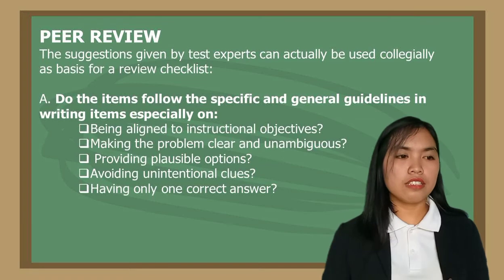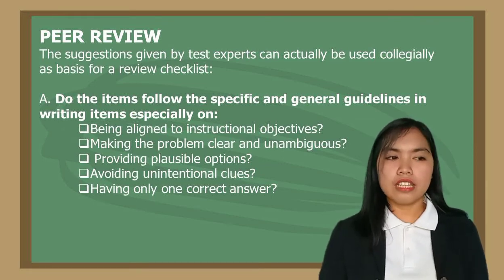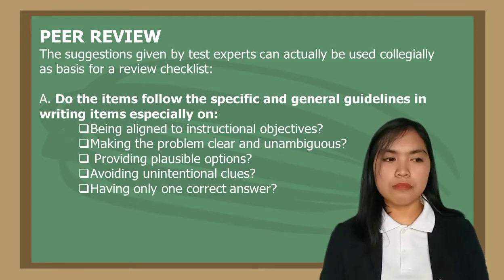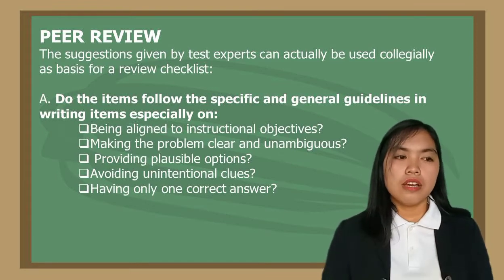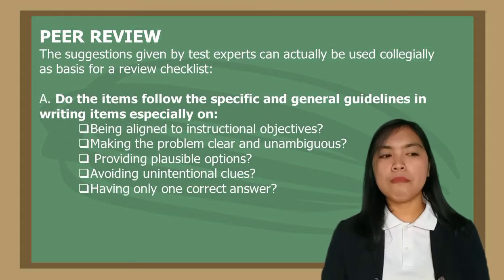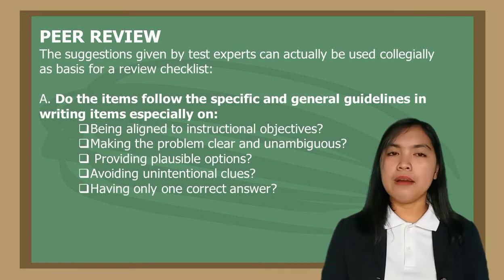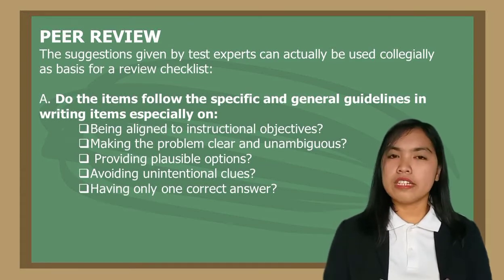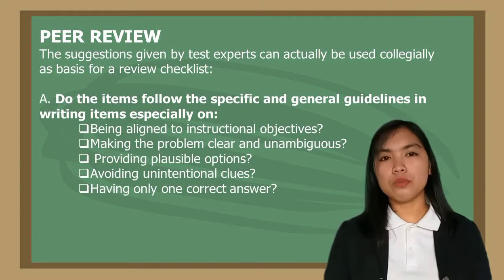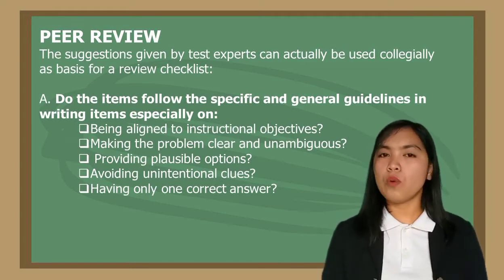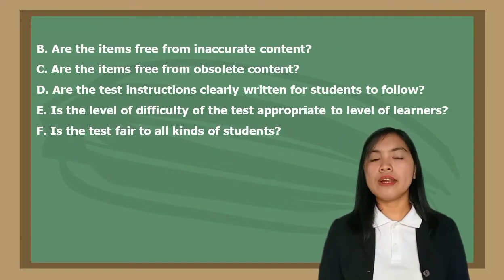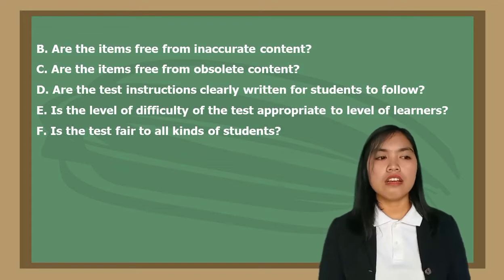The first one on the checklist is, do the items follow the specific and general guidelines in writing items, especially on being aligned to instructional objectives, making the problem clear and unambiguous, providing plausible options, avoiding unintentional clues, and having only one correct answer? The second one is, are the items free from inaccurate content?